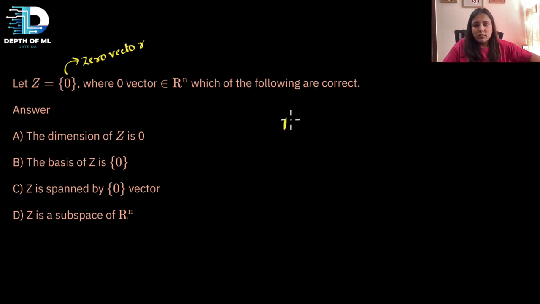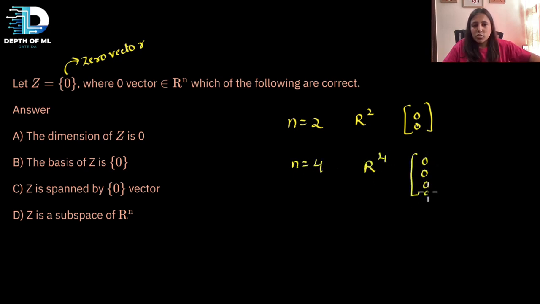N coordinates means, if N equals 2, I'm talking about R2, so my vector will look like 0, 0. If I'm talking about R4, then my vector will look like 0, 0, 0, 0. Fine.